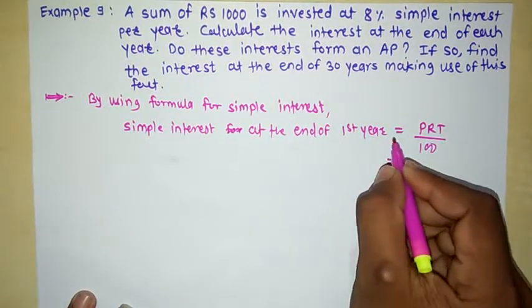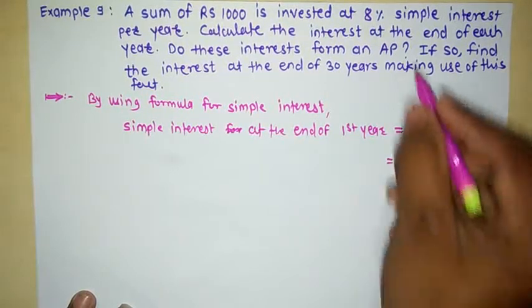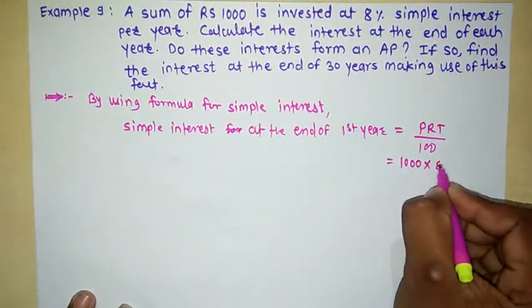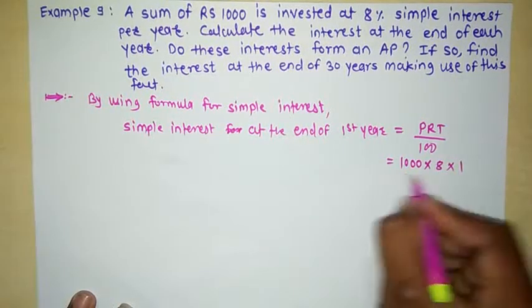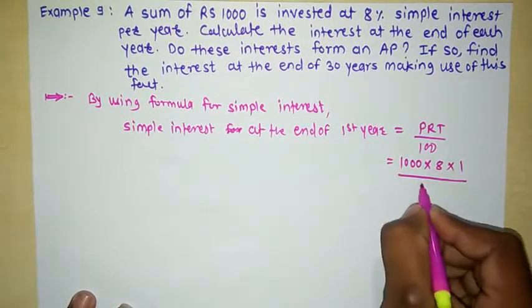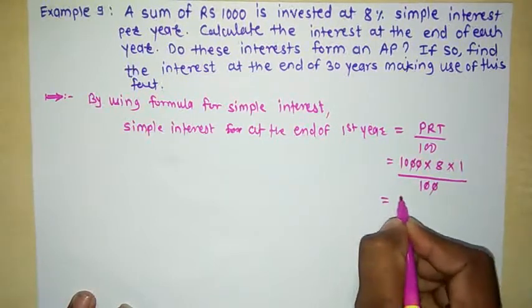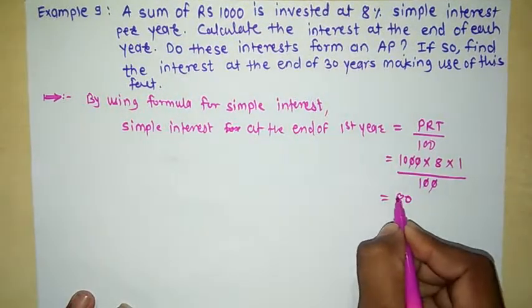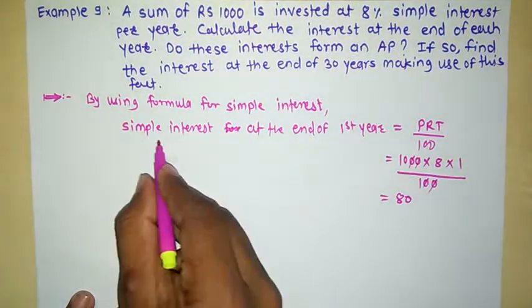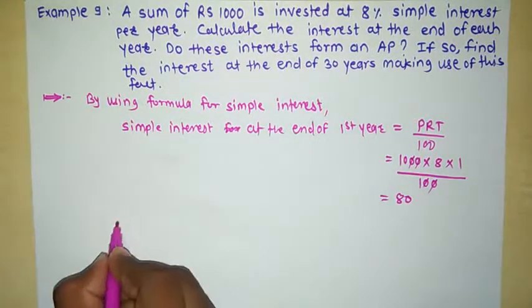Here principal is 1000 rupees into rate, which is given as 8%, into time period, which is 1 year, divided by 100. The 0 0 get cancelled, we got 80 here, that is 80 rupees. Simple interest at the end of the first year will be 80 rupees.